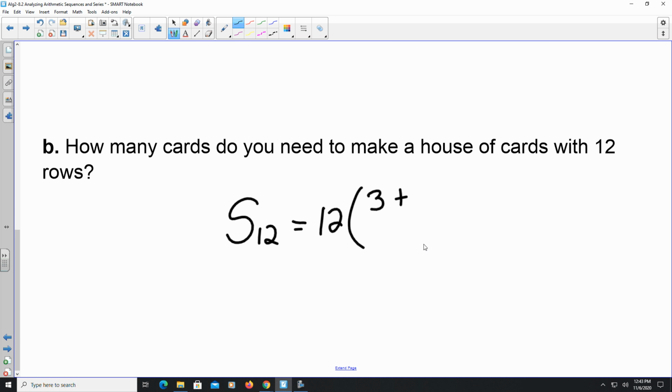That's 36. So I got 36 here divided by 2. 3 plus 36 divided by 2 times 12 gives me a result of 243 cards.